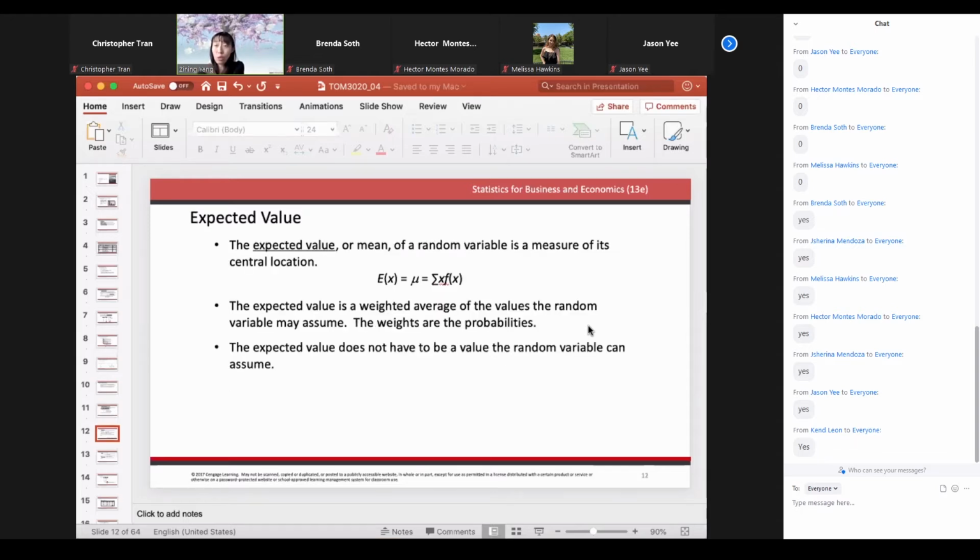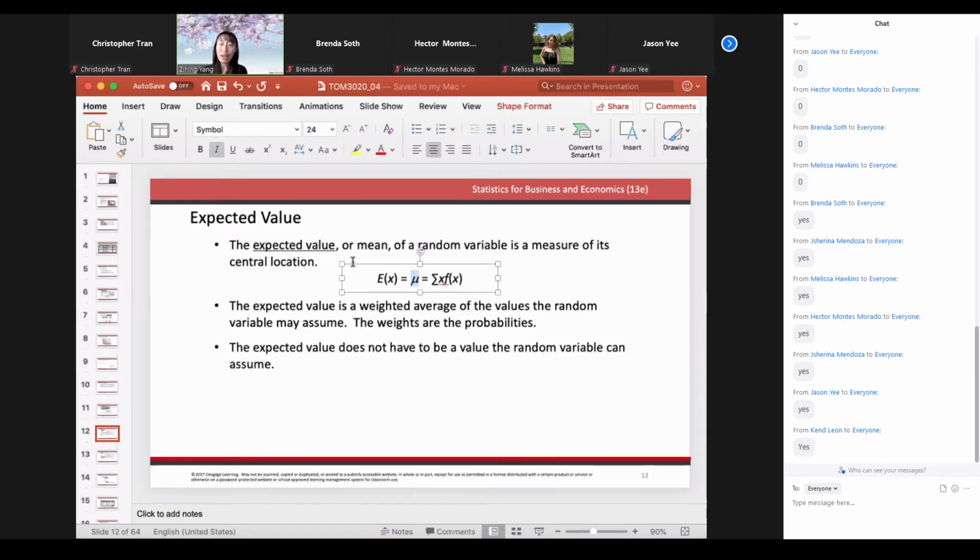And with all that calculation, now we can tie it back to the concept that we learned last week. Last week, we learned to measure central location and variability. For central location, most of the time we use the mean. Here we can calculate the mean for any random variable.